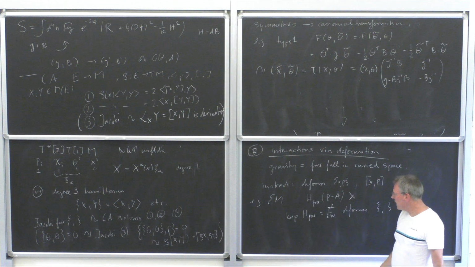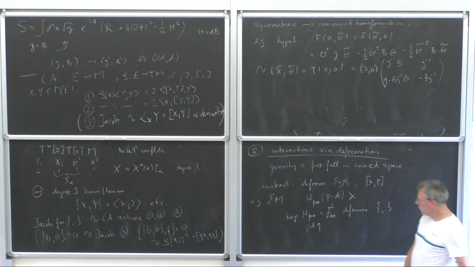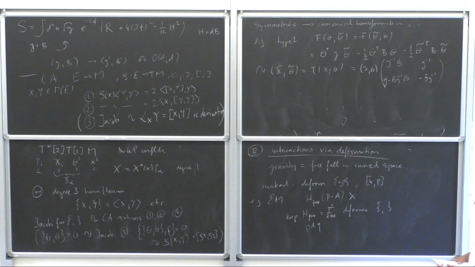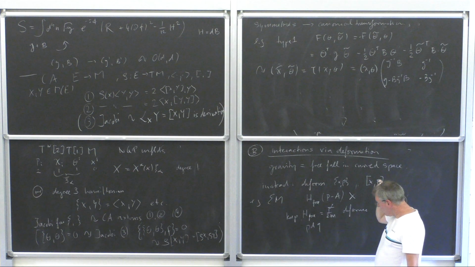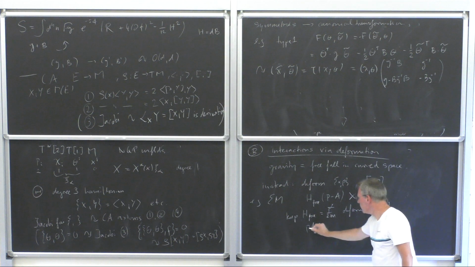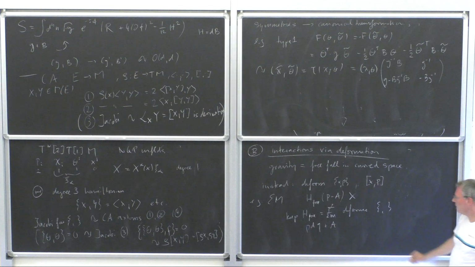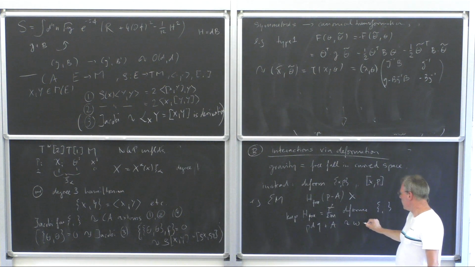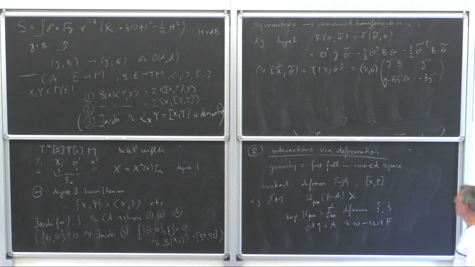That's actually very natural because if you look at the symplectic one form, it gets deformed by adding A, and that implies that the symplectic 2 form is just the old one plus the electromagnetic field strength.